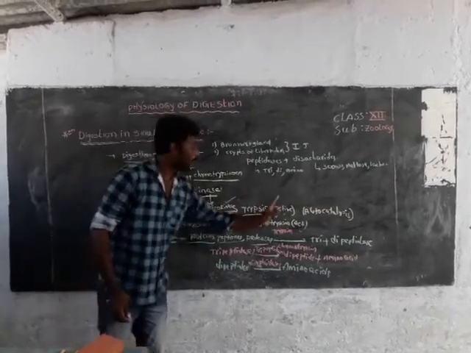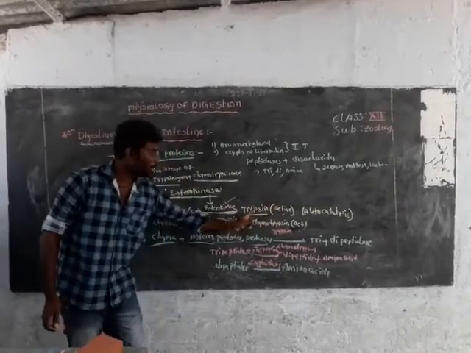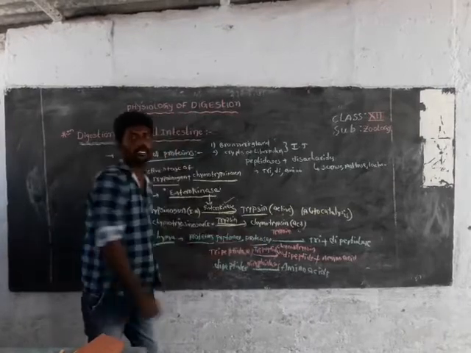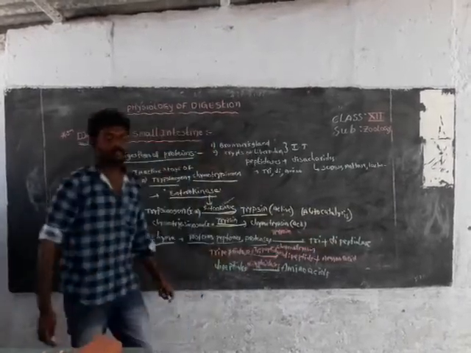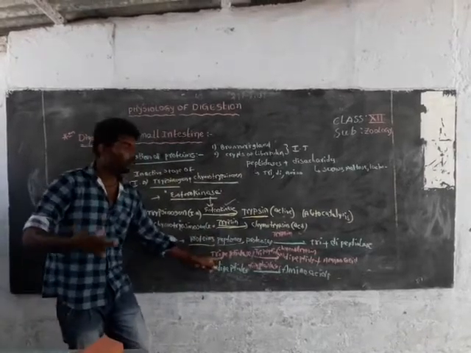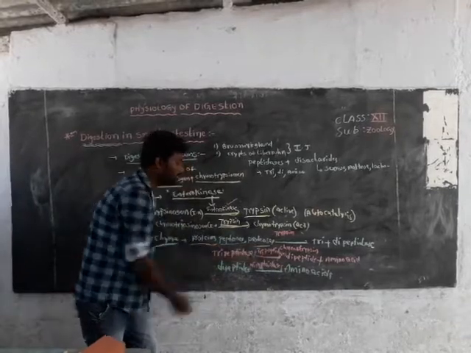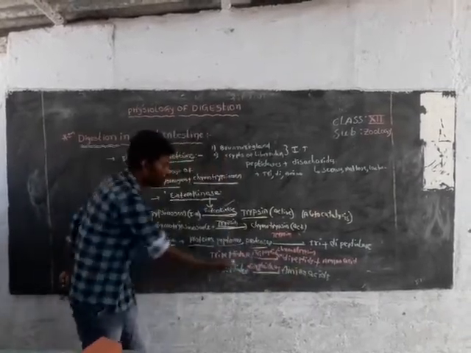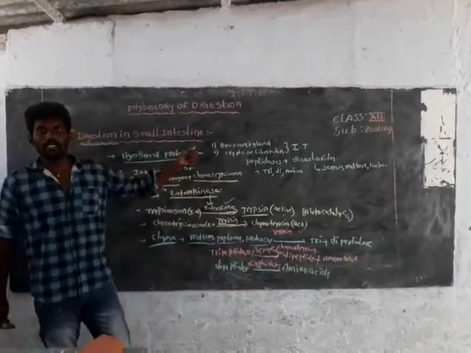Finally, trypsin and chymotrypsin are both active, and they act on the proteins, peptones and proteases. Finally, they form tripeptides and dipeptides. Tripeptides are converted into dipeptides and amino acids in the presence of tripeptidases, and in the same way dipeptides are converted into amino acids in the presence of dipeptidases. This is the digestion of proteins in the small intestine.